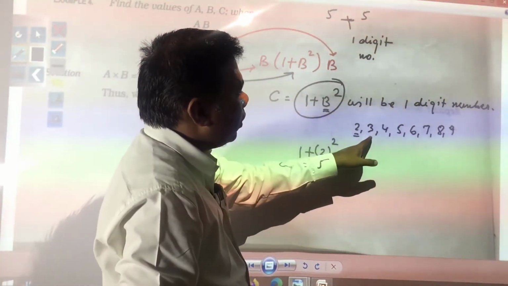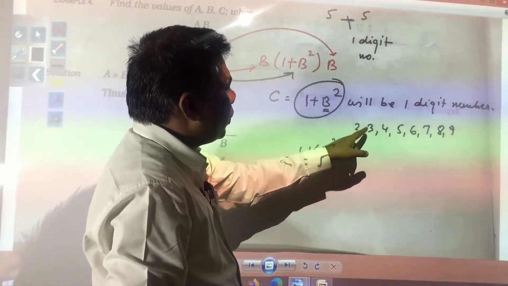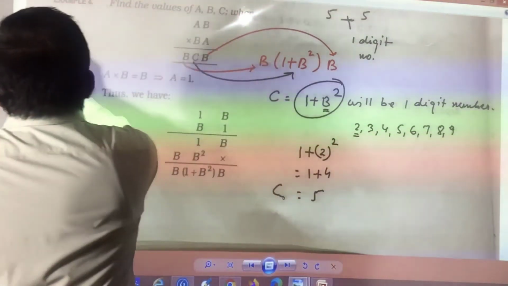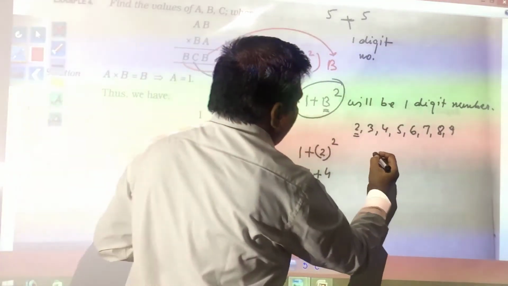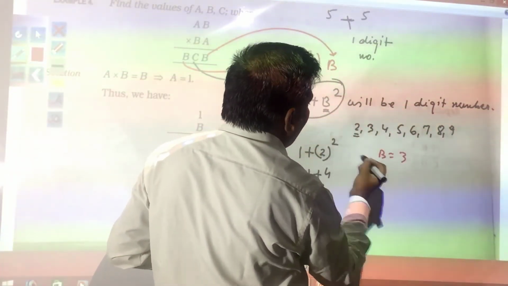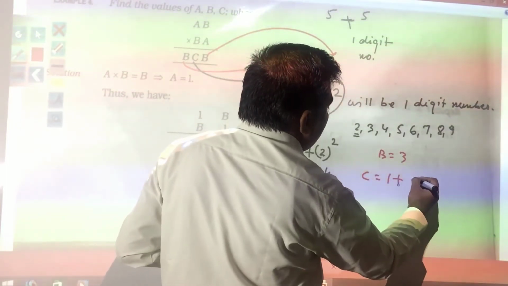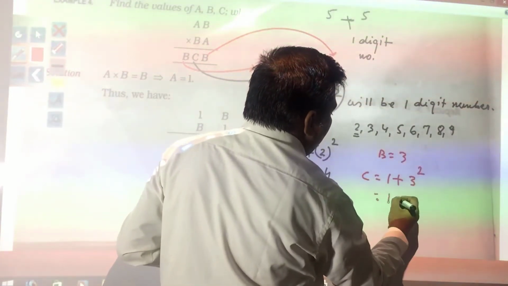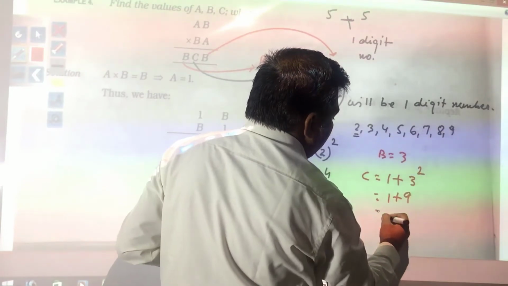Next, try to put B is equal to 3. Then in this case C will be what? 1 plus 3 square, it means 1 plus 9, it means 10.